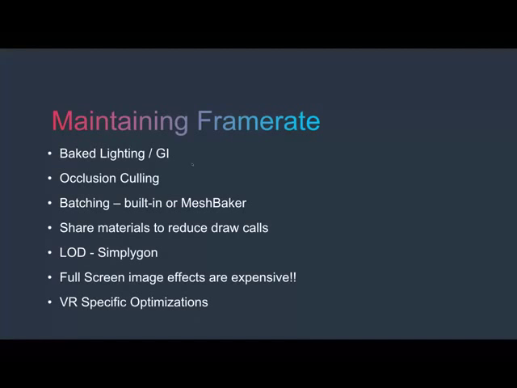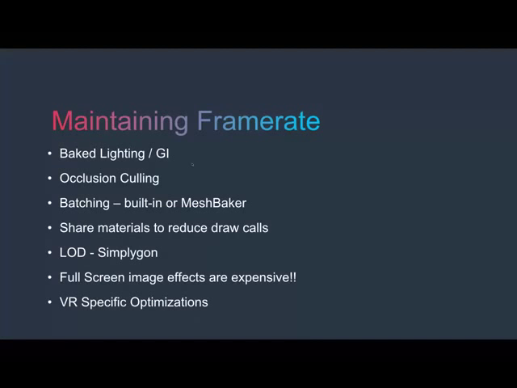There's also a great Asset Store plugin called Mesh Baker, which allows you to bake your meshes and have a lot more control over that baking if you like. And then share materials to reduce draw calls. That goes in line with batching, but also in general, even for your dynamically rendered objects, having fewer material switches on the GPU will help you.